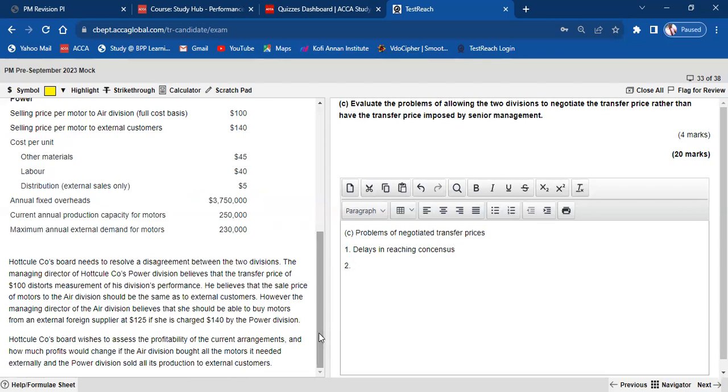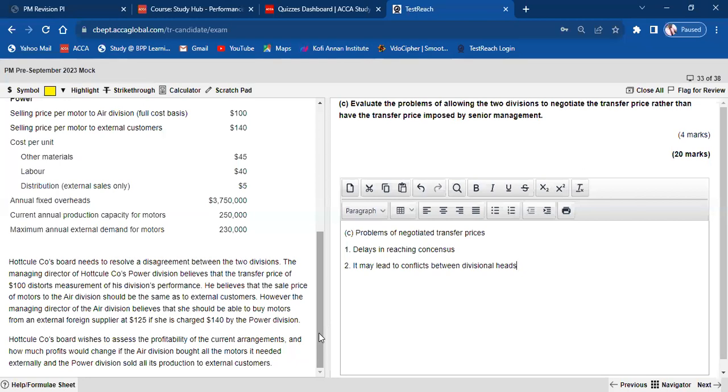Problems. Thinking. Well, it may lead to conflicts between divisional heads, especially when the transferee needs it badly and cannot get it elsewhere, but the transferor insists on a certain minimum transfer price.